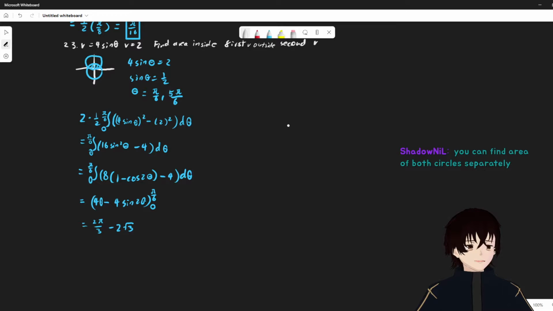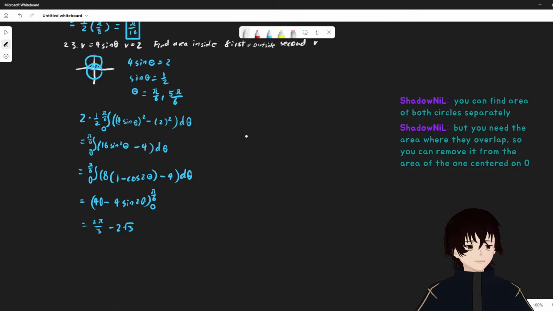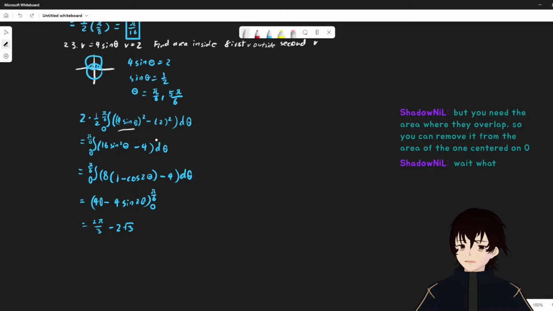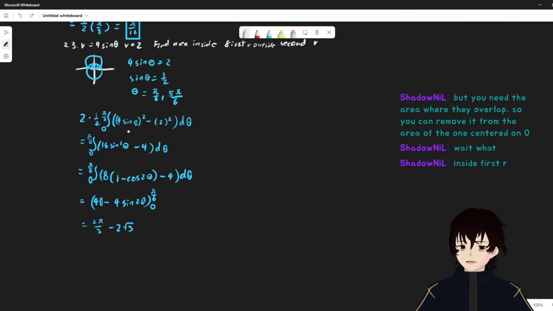There we go. Remove from the area the one centered on 0. That is kind of what's going on here. This is the top circle minus the bottom circle. But I've still done something wrong, that's for sure.